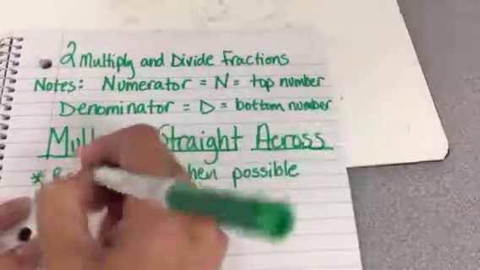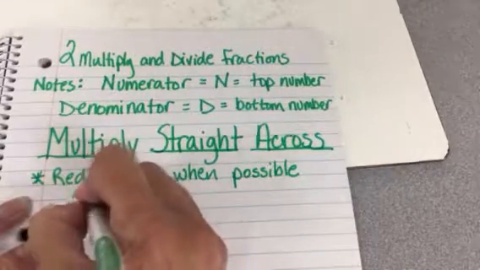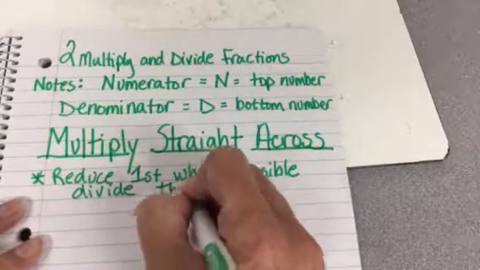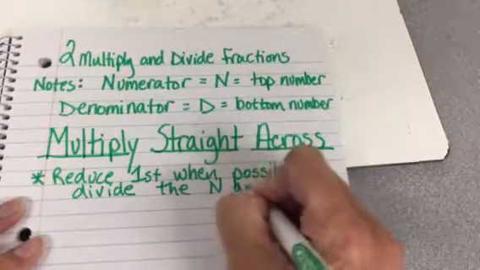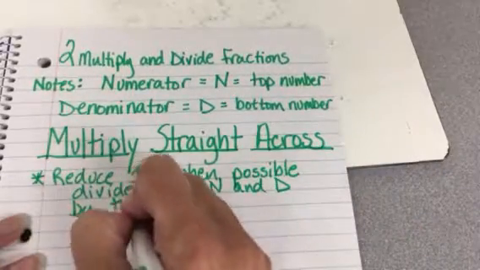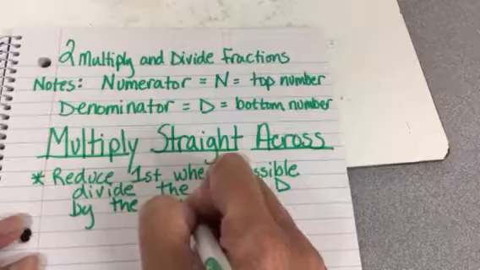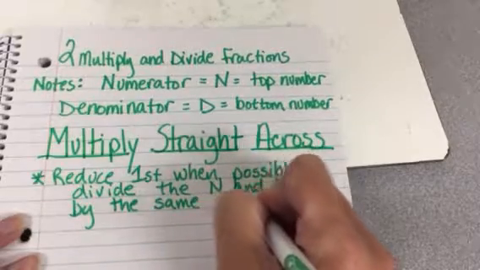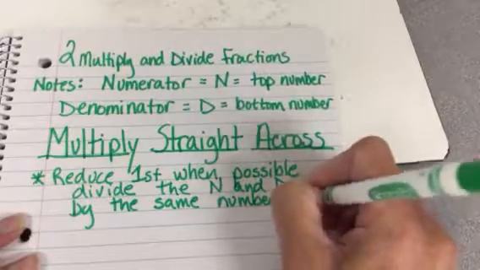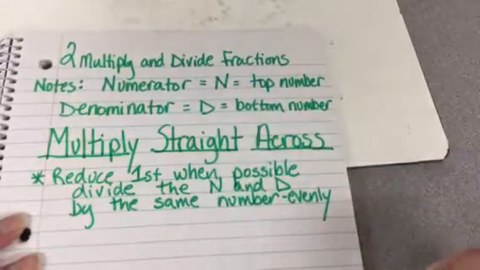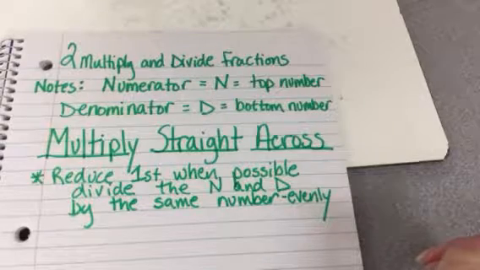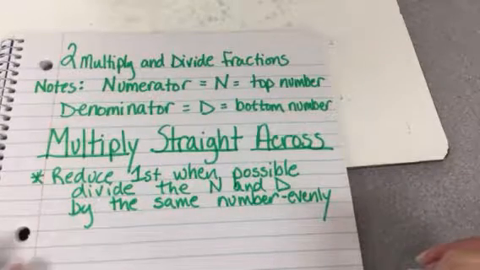So reducing means to divide the numerator and the denominator by the same number. And it has to be evenly.